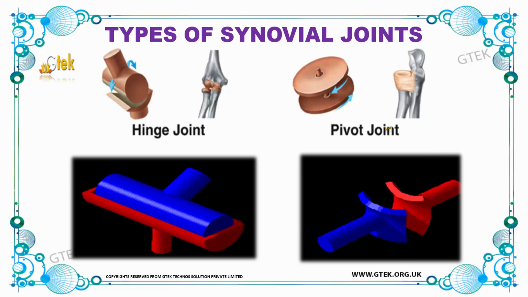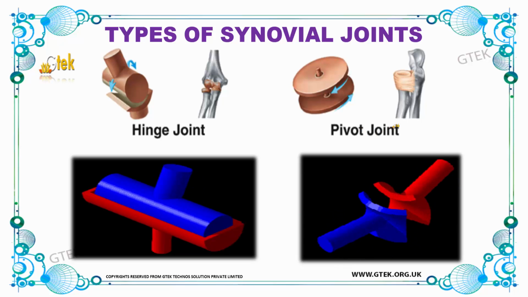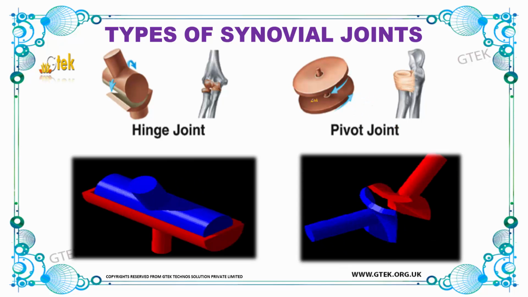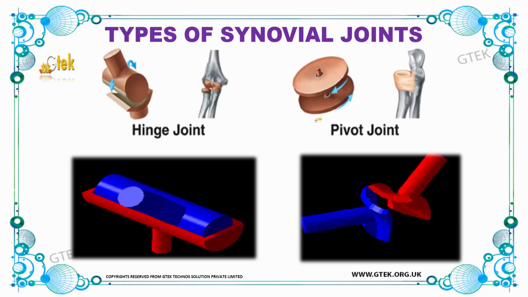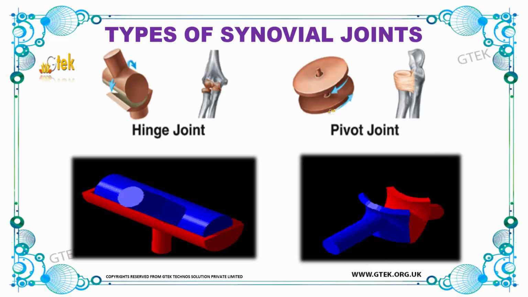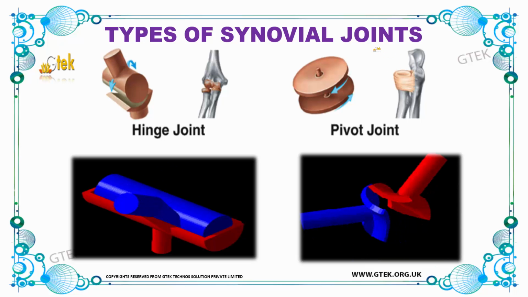Our fourth type of synovial joint is pivot joint. In pivot joint, you have a rotating movement, and that is up to a certain limit. This can be found in the junction of your neck.